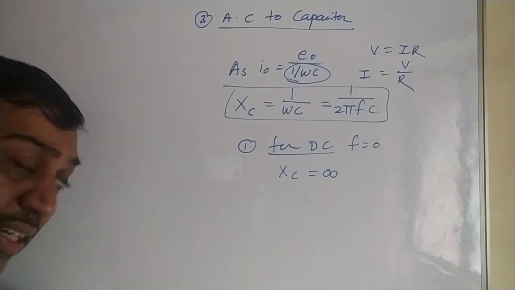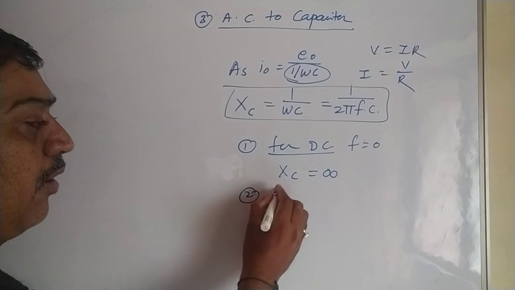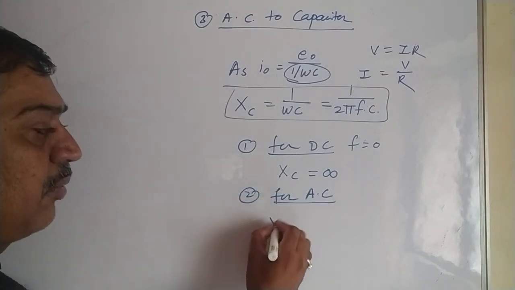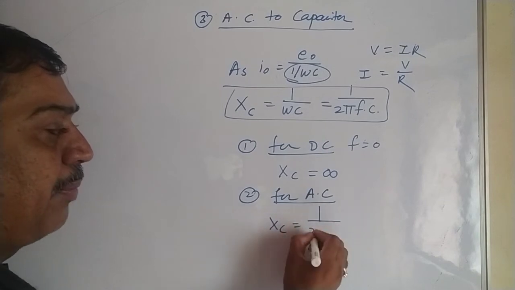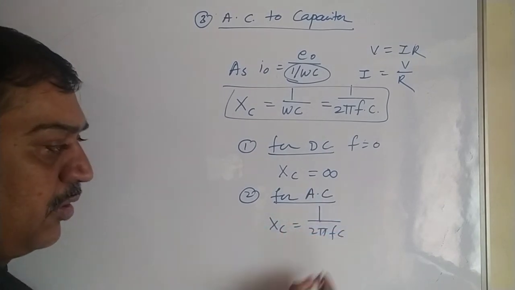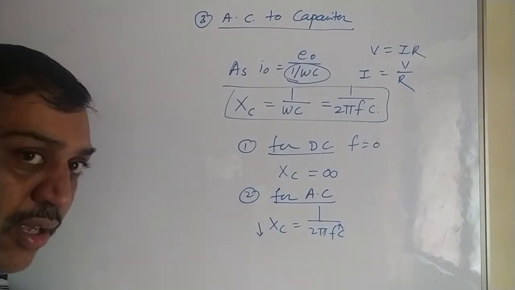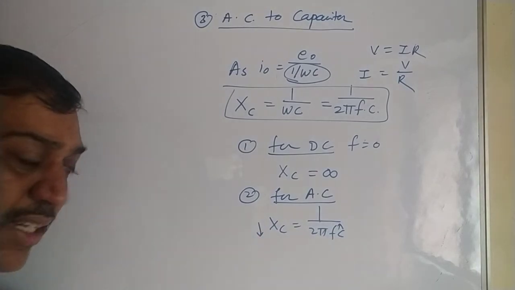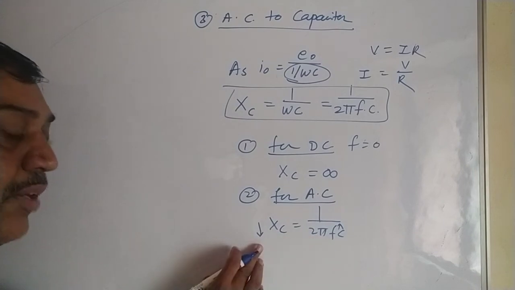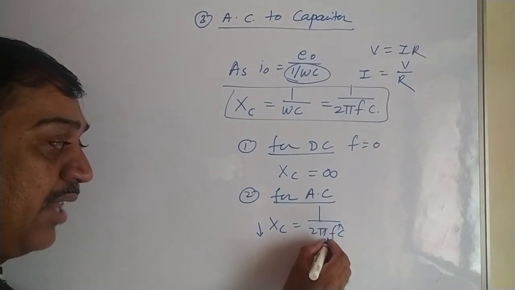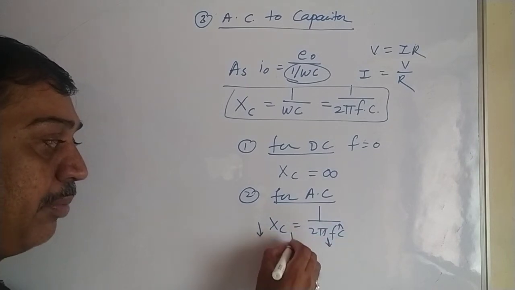Inductor passes the DC. Second thing, for AC. AC has a frequency. So what is Xc? 1 divided by 2 pi fC. So if frequency is more, Xc is less. If the frequency of AC passing is very high, it will oppose less. If the frequency is near 0, then Xc will be maximum.